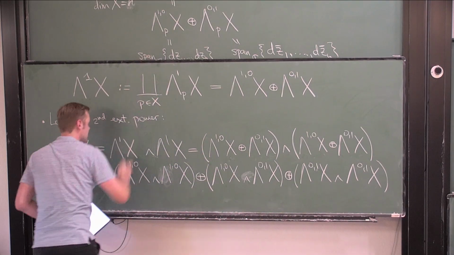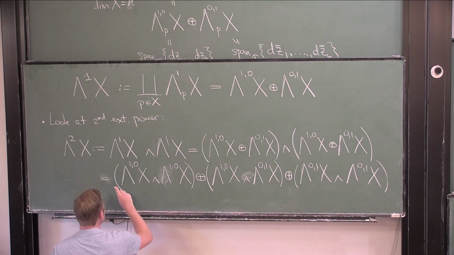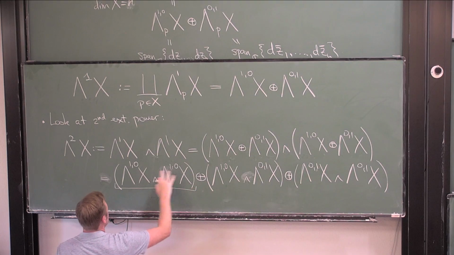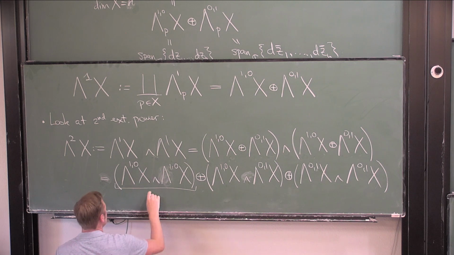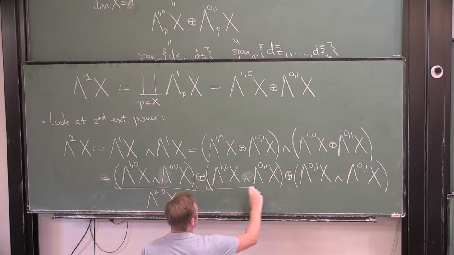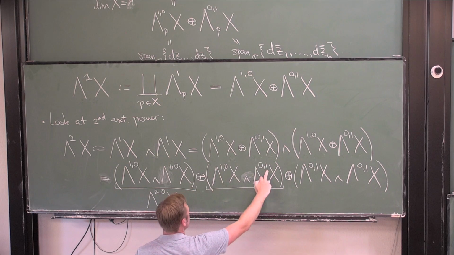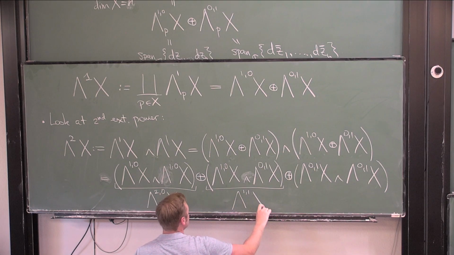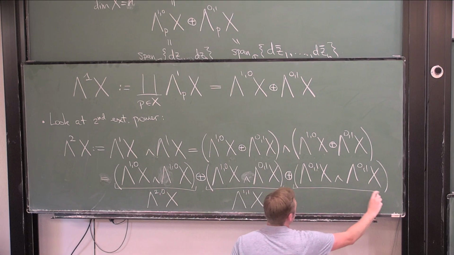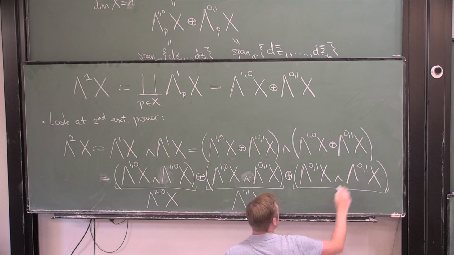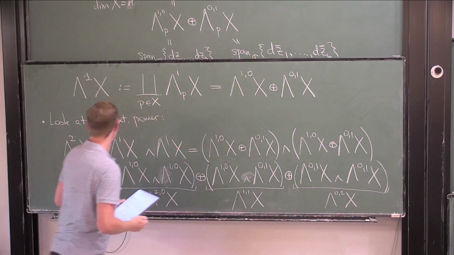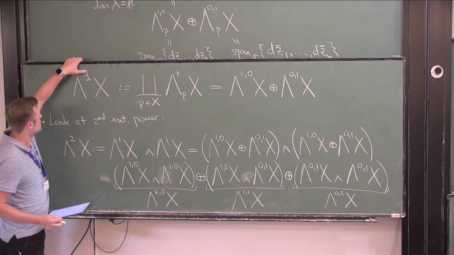Okay, but what are these subspaces? Let me call this guy, since there's a repeated 1 in the first index, lambda 2,0 of x. This guy has a 1 in the first index place and a 1 in the second index place, so I'll call it lambda 1,1 of x. And the final guy has a repeated 1 in the second index place, so I'll call it lambda 0,2 of x.